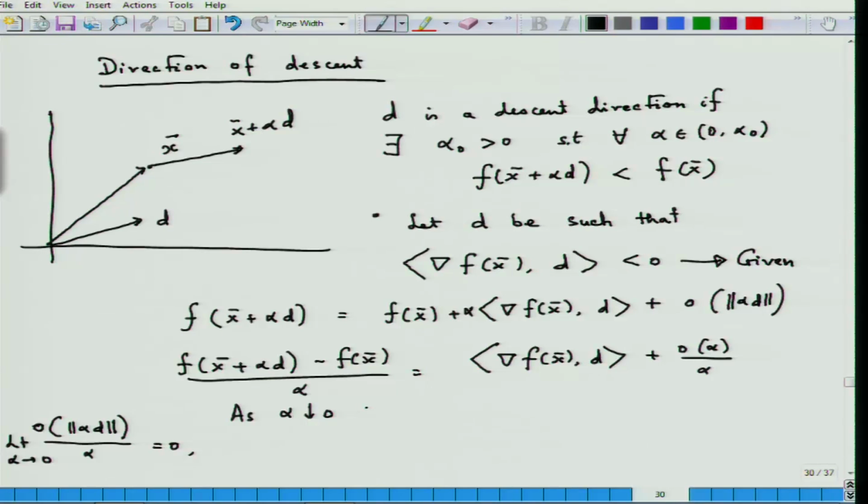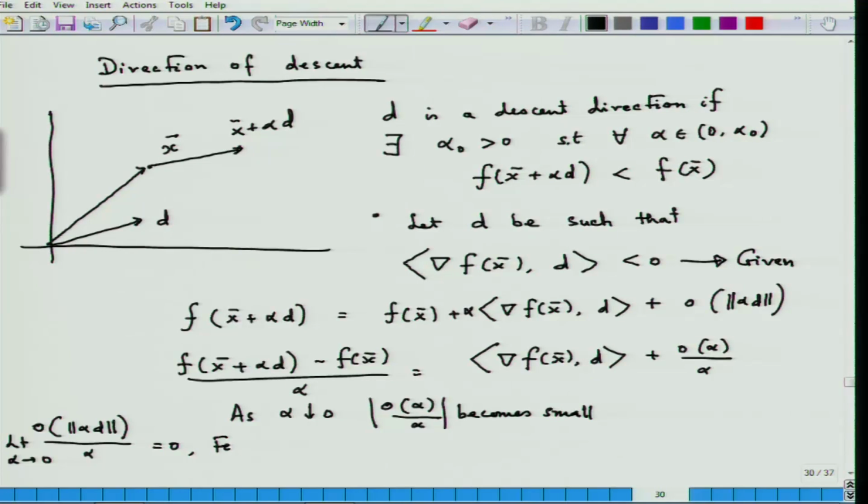So, as alpha tends to 0, o alpha by alpha becomes small. Whichever way alpha goes towards 0, this quantity would be negative for some alpha.